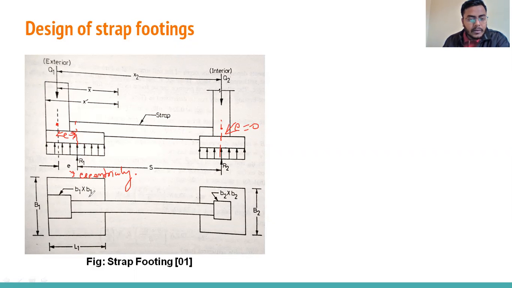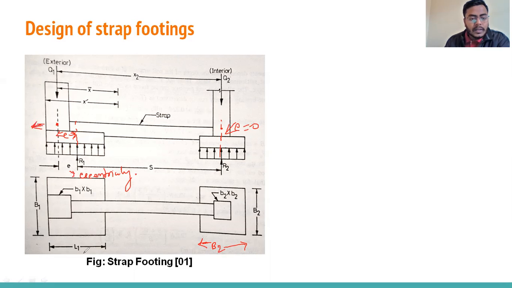Here B1 and B2 are the cross sections of column 1, the exterior column, and column 2. The footing provided for the interior column is square, so both length and width are B2. In the first case, due to eccentricity, we have to provide a rectangular footing, and we cannot project in the left direction beyond the property line.